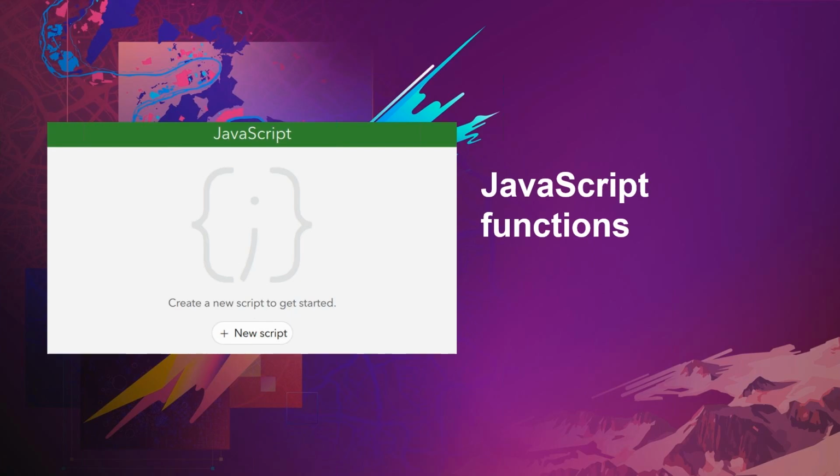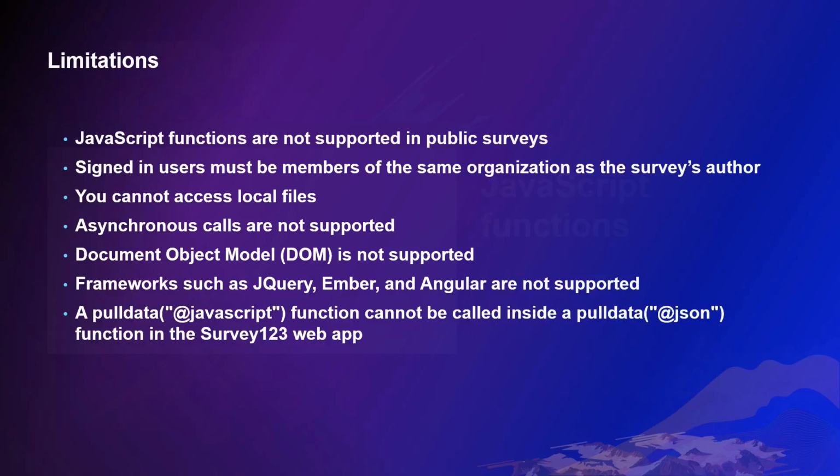Okay, so I want to go over some limitations. JavaScript functions are not supported in public surveys. In other words, the user going through the form needs to be logged in. Not only that, the JavaScript function will not execute if the survey is coming from another organization.